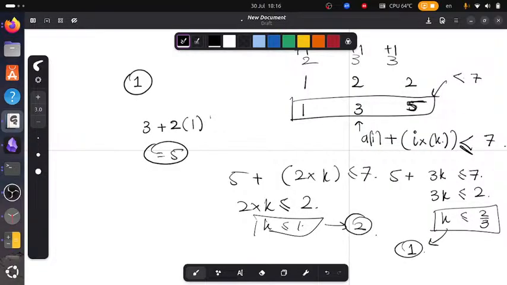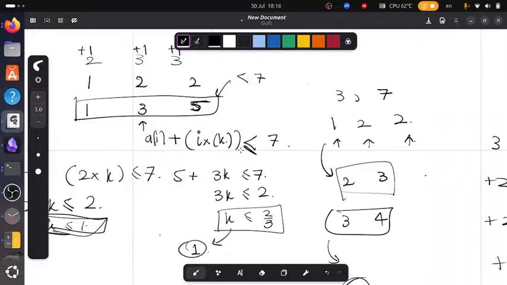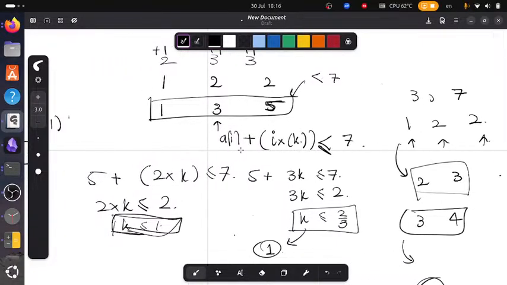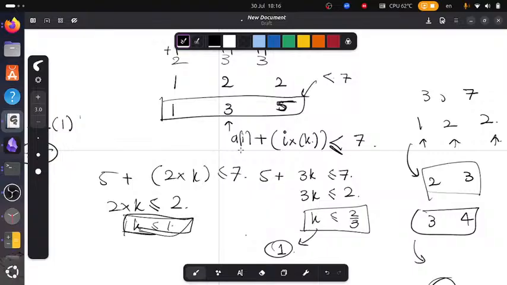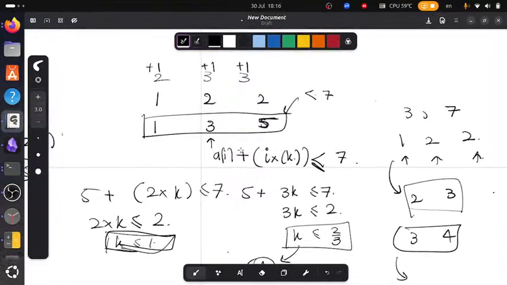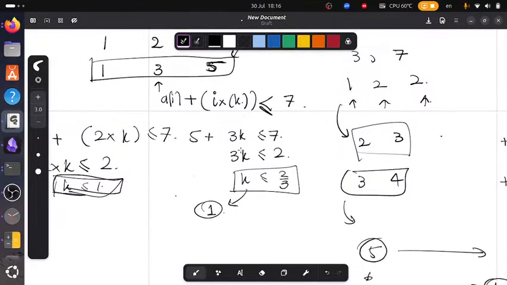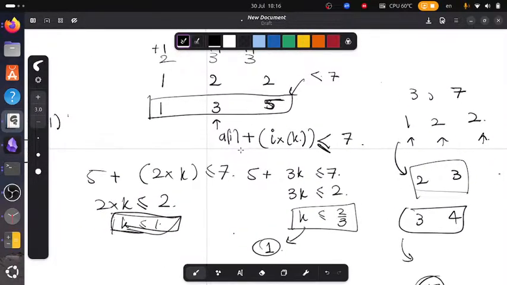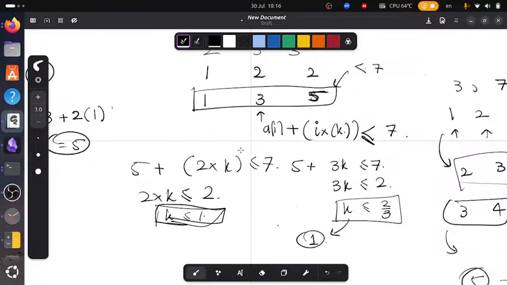So on the first day, or can we? Actually, it's weird to think about it this way.